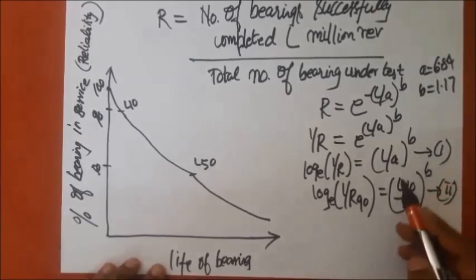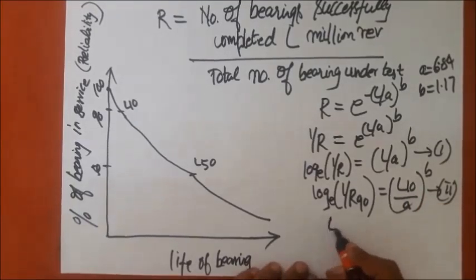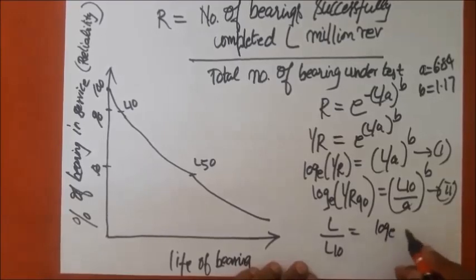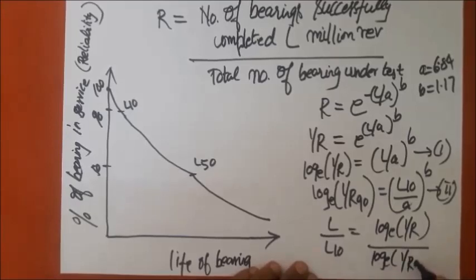On dividing equation 1 by 2, we get L upon L10 equals (log e 1 by R upon log e 1 by R90) raised to 1 by B.